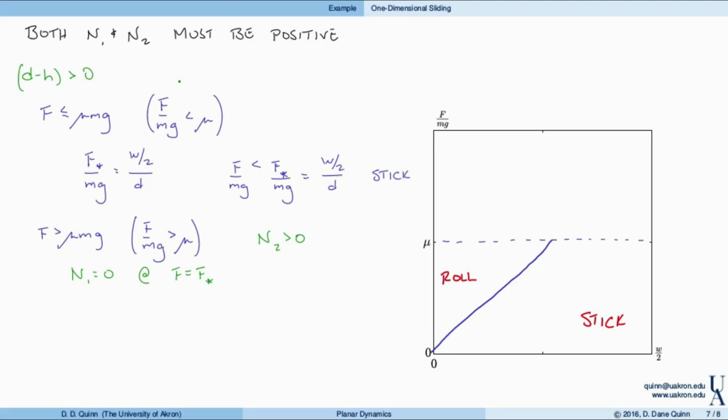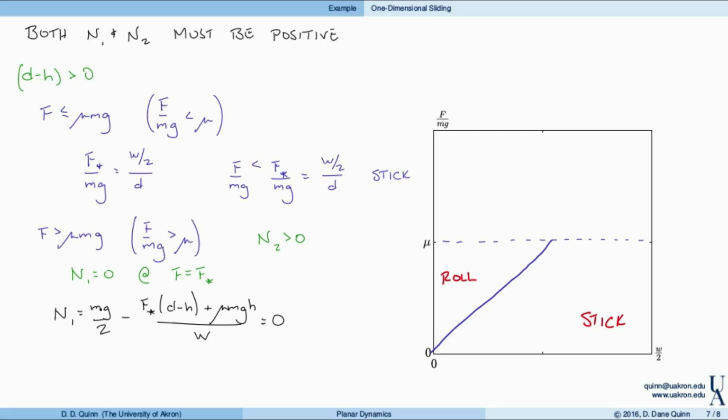That critical value is given by our equation for the normal load: N1 equals mg over 2 minus F star times (d minus h) plus mu mgh over w equals 0.